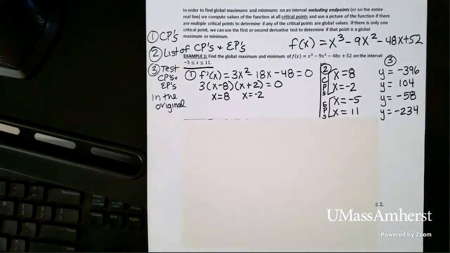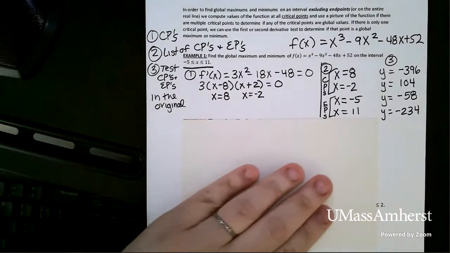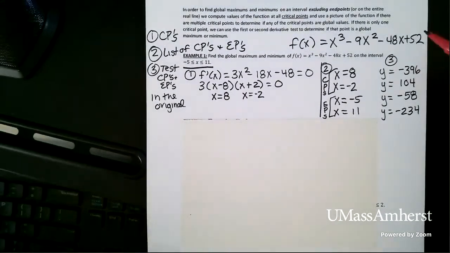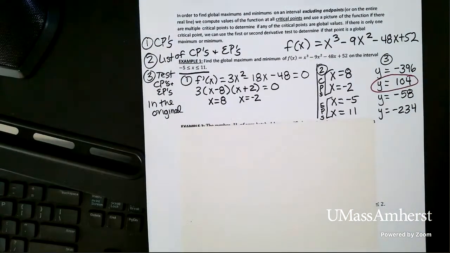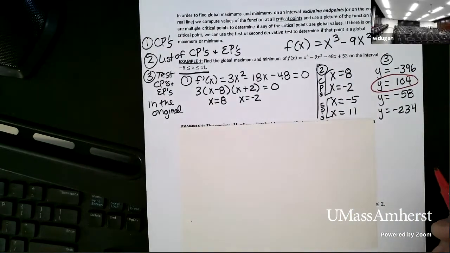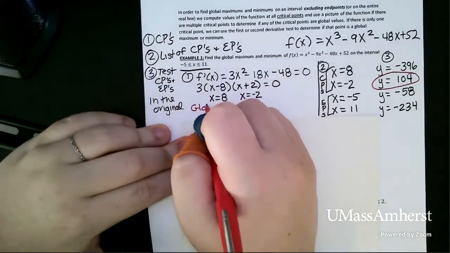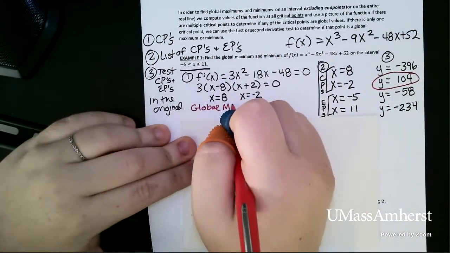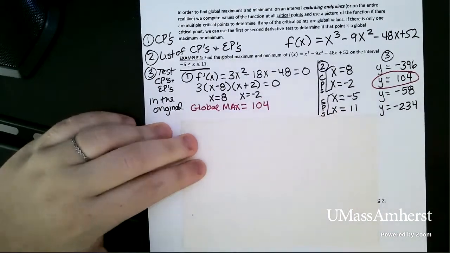Okay, so now I have my list of y values and I want to compare them. I want to know which one is the highest and which one is the lowest. Starting with the biggest, I think of a number line that goes up and down. I see that y equals 104 will be the highest y value on that list. So my global max is going to be 104.